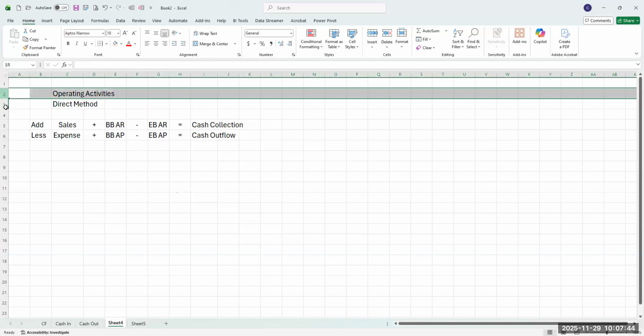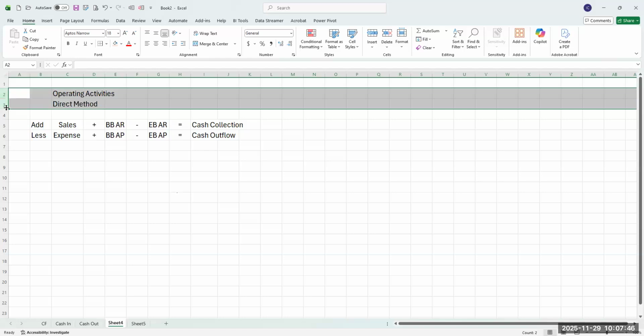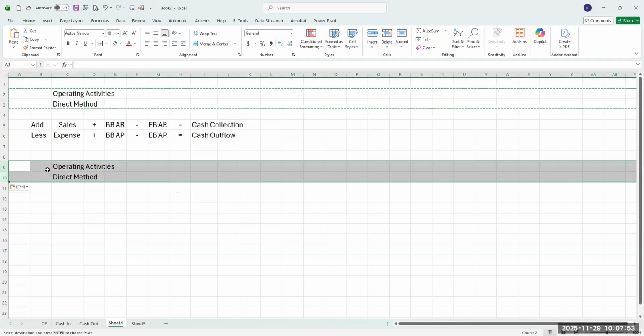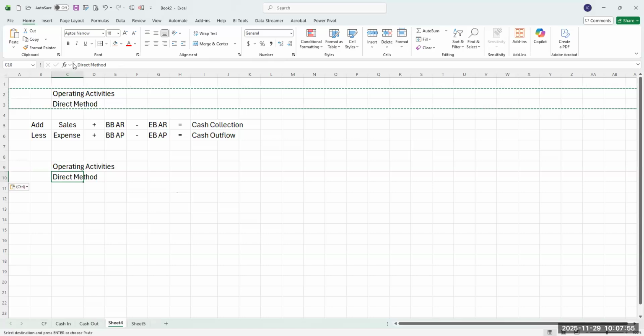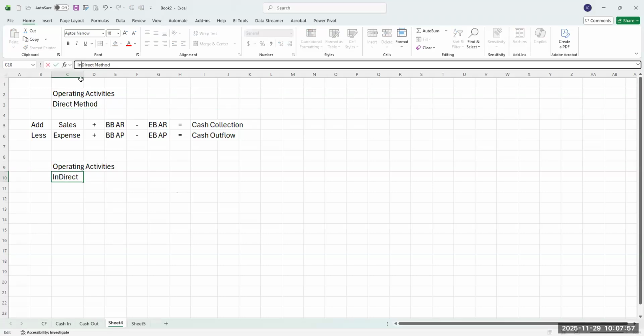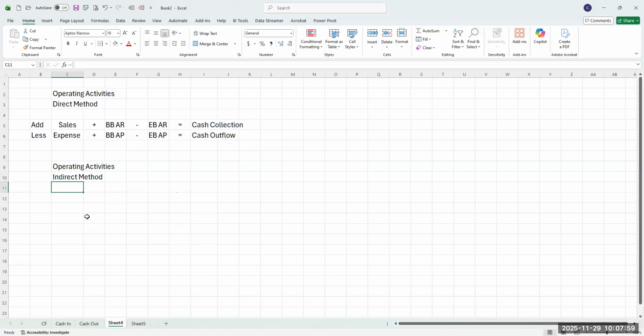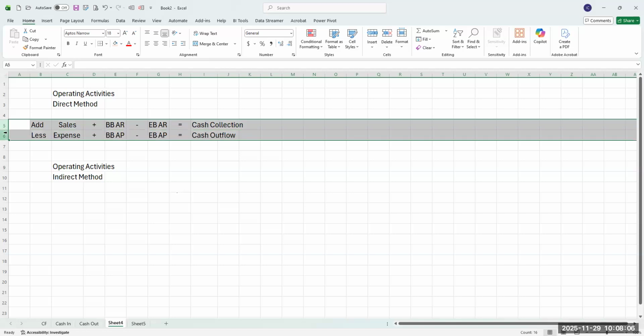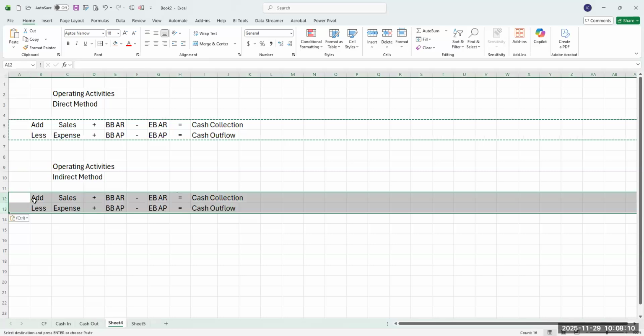Now, what will be the difference between direct and indirect? So watch this. It's very simple, but I want you to see it. In the indirect method, what I'm going to do is very simple again. Control C, Control V, let me flip this one first here.